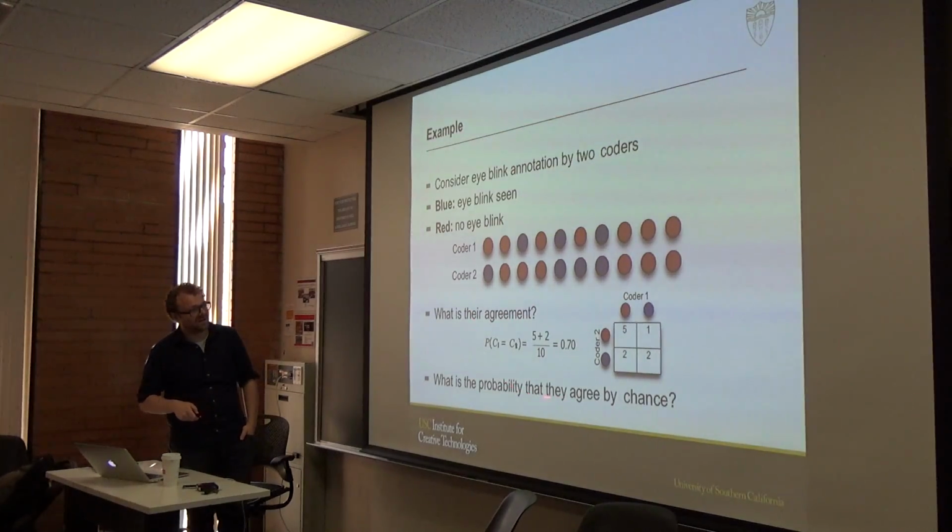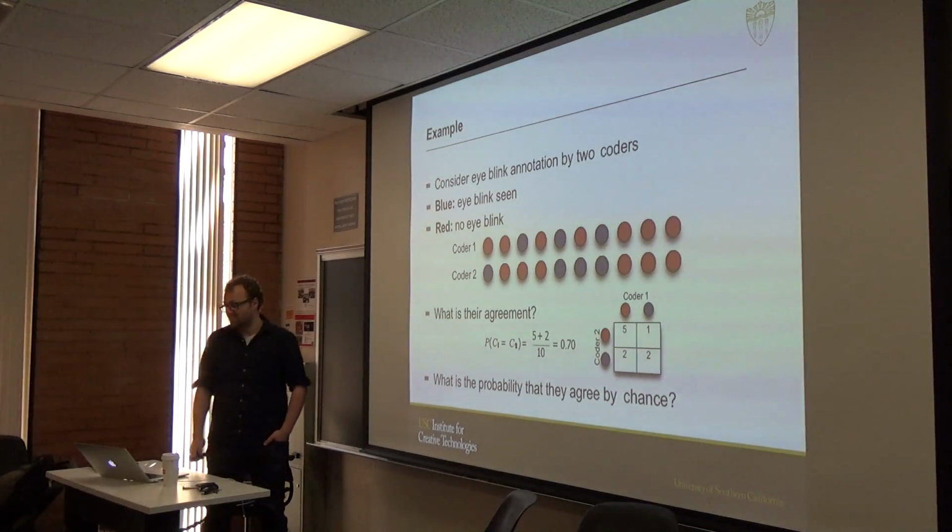An example to calculate inter-rater agreement: if you just do a confusion matrix, you can assess that they agree 70% in this case. However, this measure does not tell you the probability of agreeing by chance.